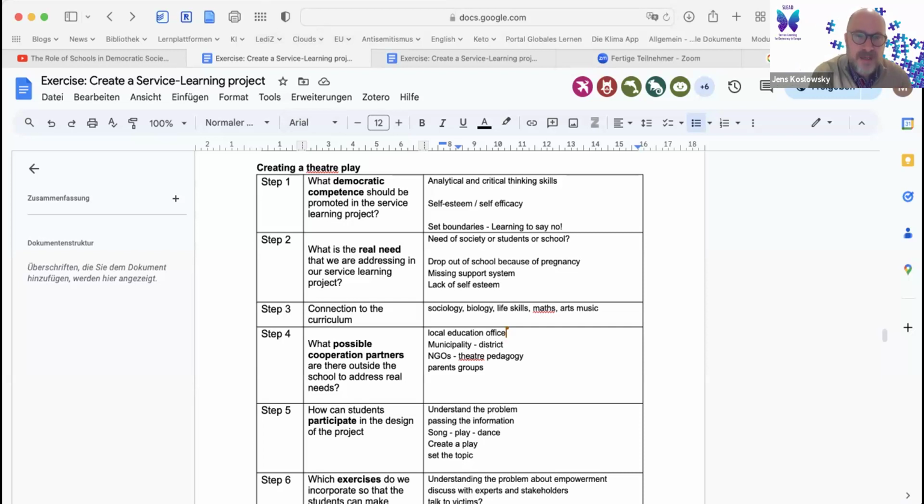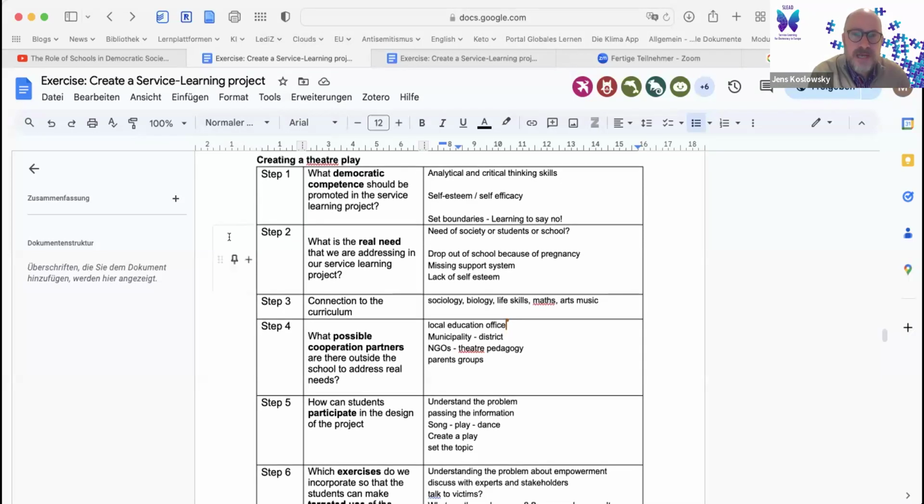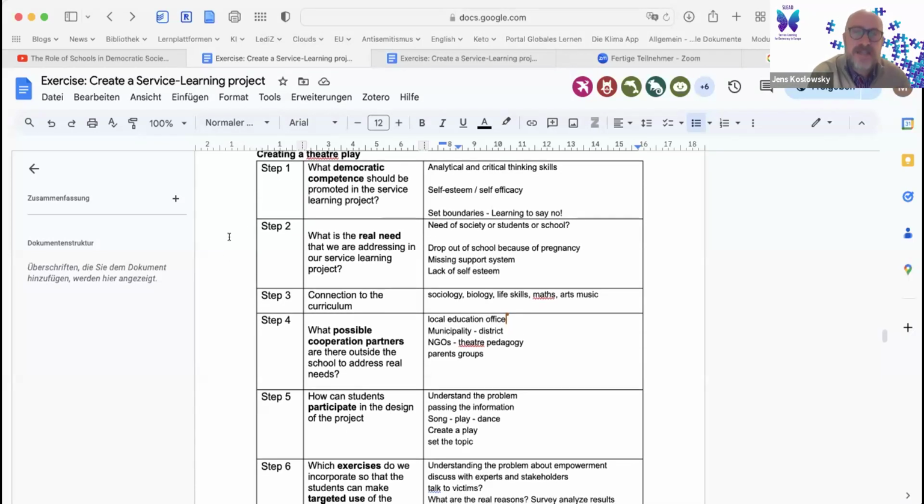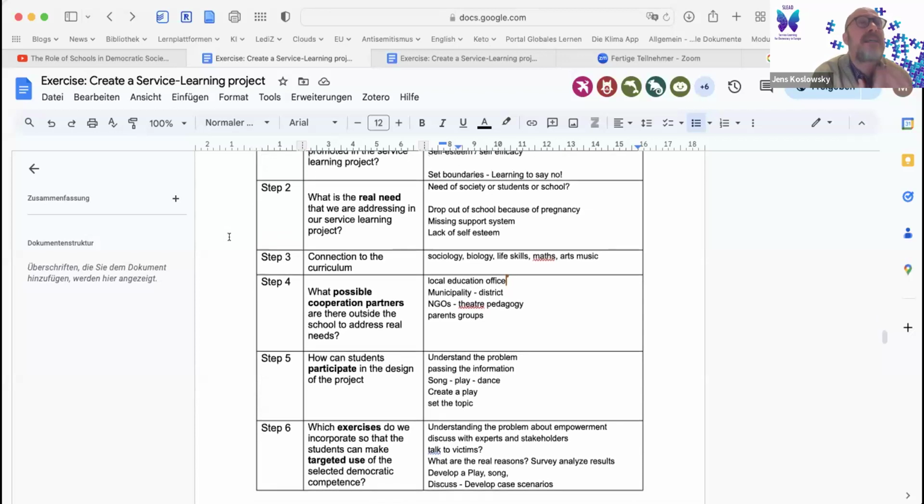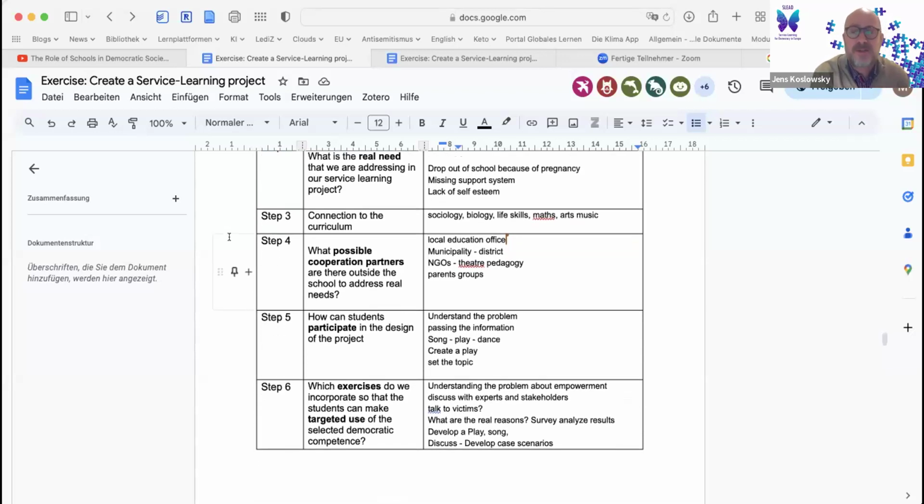They are encouraged to create the theater play, thinking about what is the message we want to pass along. This is also one step we said: it's important for them first to understand what is the message that can be passed along that can help prevent this. So I think there are plenty of possibilities for students to participate in the design and in the implementation of the project, setting the topics and so on.